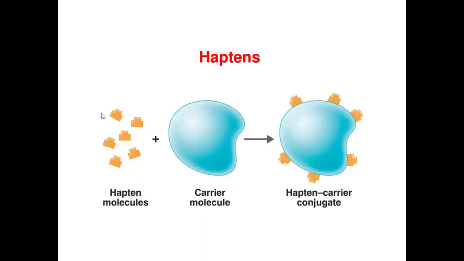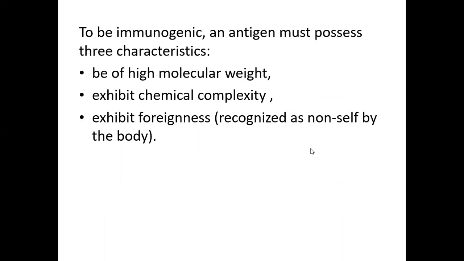Okay, like that. This is a hapten, and a hapten has a very small molecular weight. That's why it can't induce an immune response by itself, and it needs a carrier molecule. When it is attached to the carrier molecule, it becomes immunogenic and can induce an adaptive immune response.